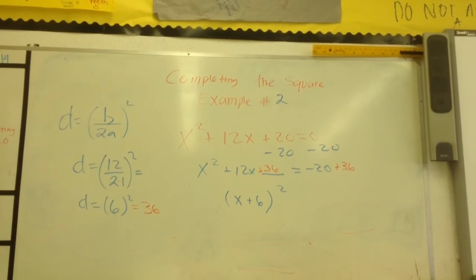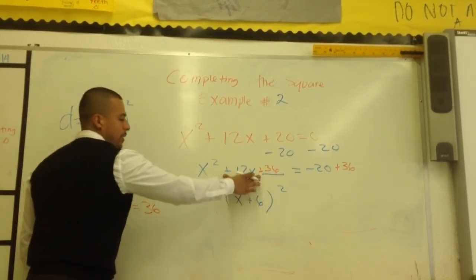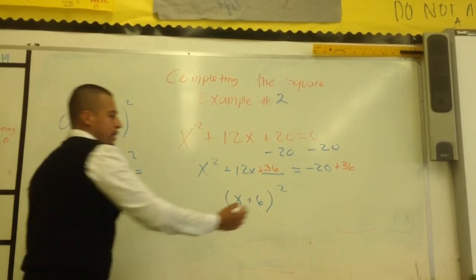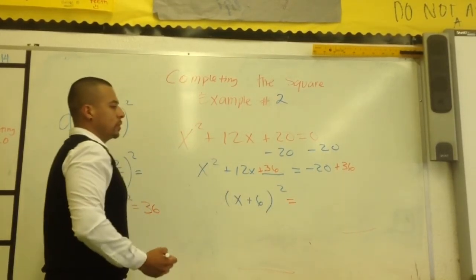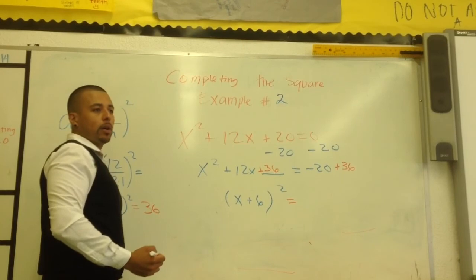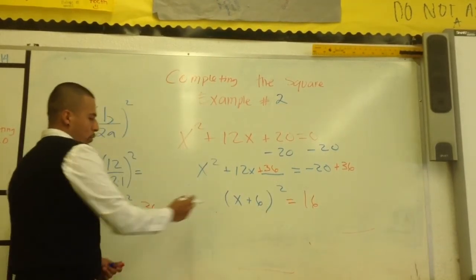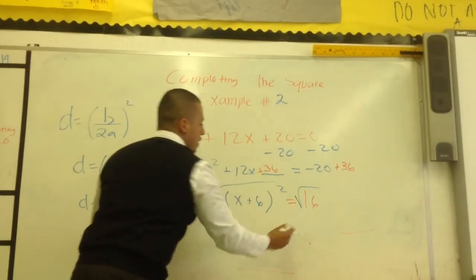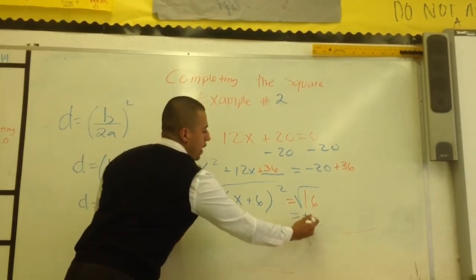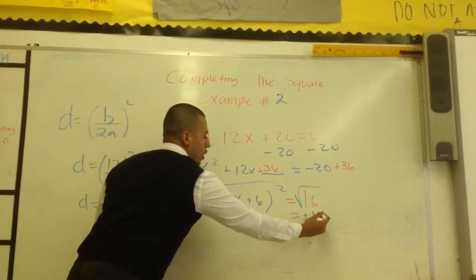Good job. So now I already took care of this. This is the same thing as that. And it's going to equal what number now? Negative 16. So I can go ahead and square root both sides. This makes this plus or minus what number? 4.